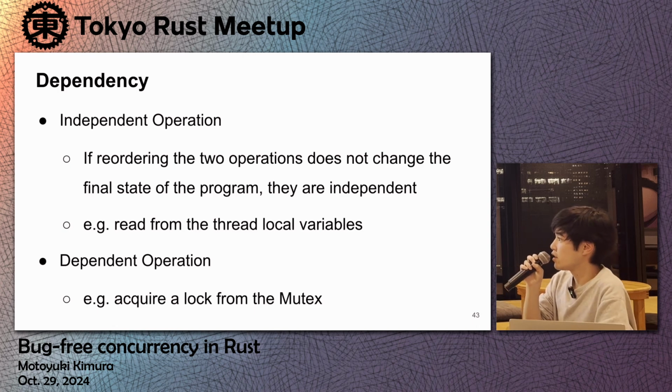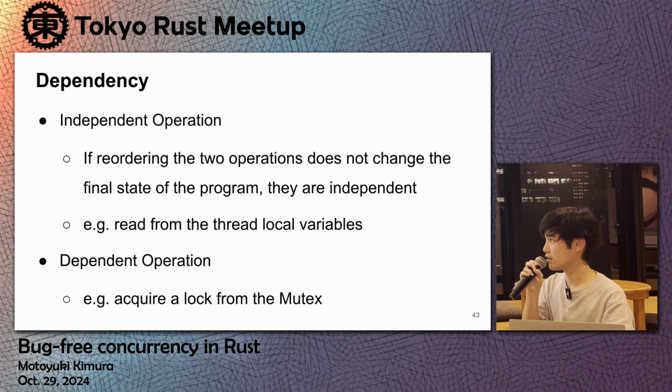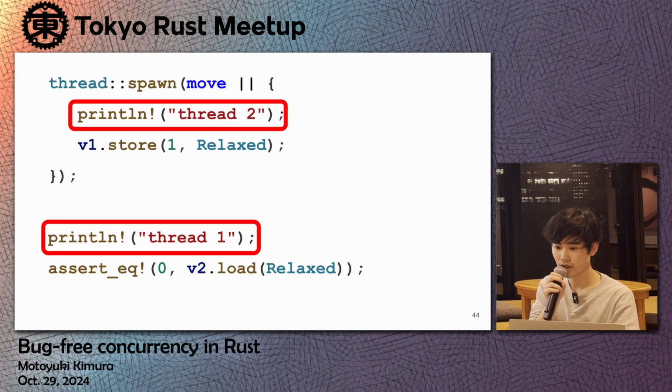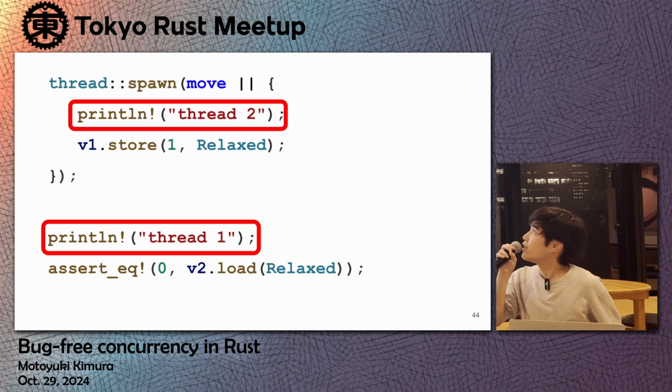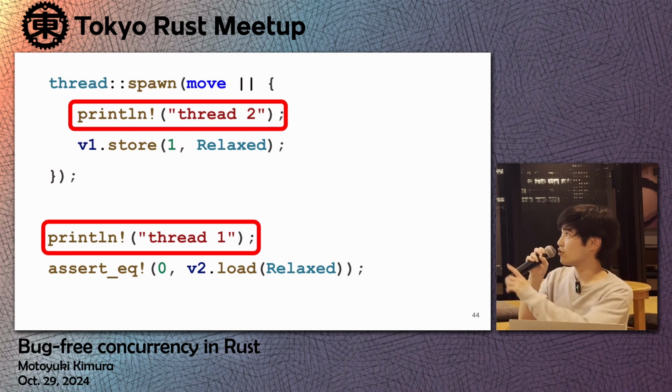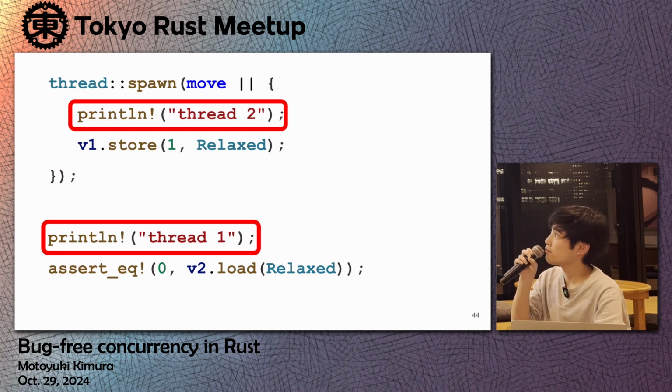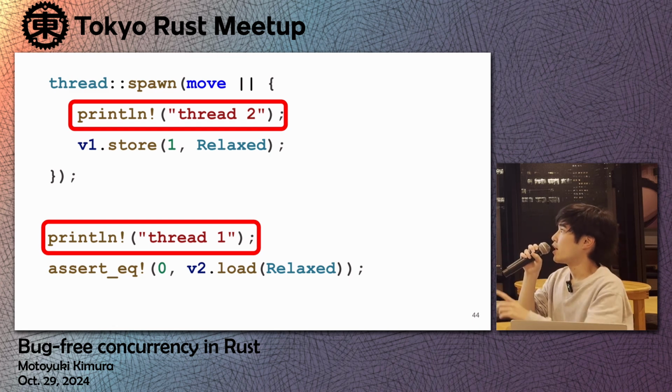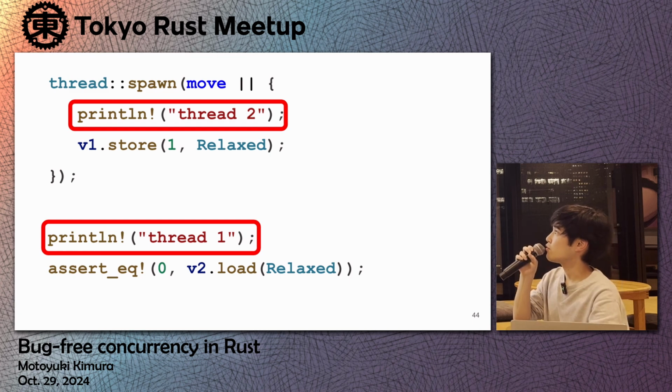On the other hand, there are also dependent operations. So for example, acquiring a lock from the mutex could be considered a dependent operation, because reordering these operations could change the program's final state. So let's get a feel for the dependency concept by, again, using this simple example. But this time, I add an additional statement, a simple println statement.